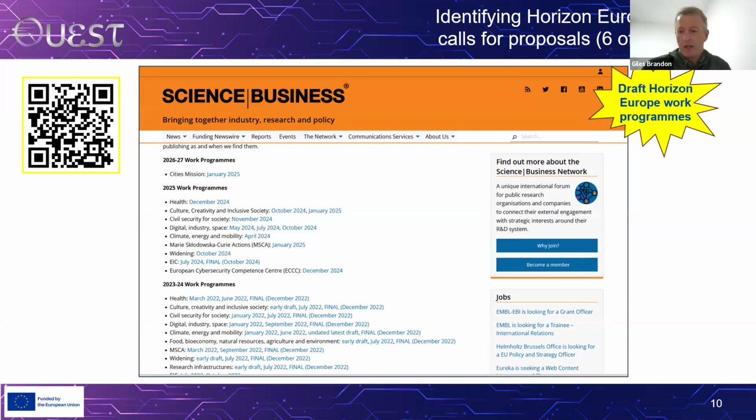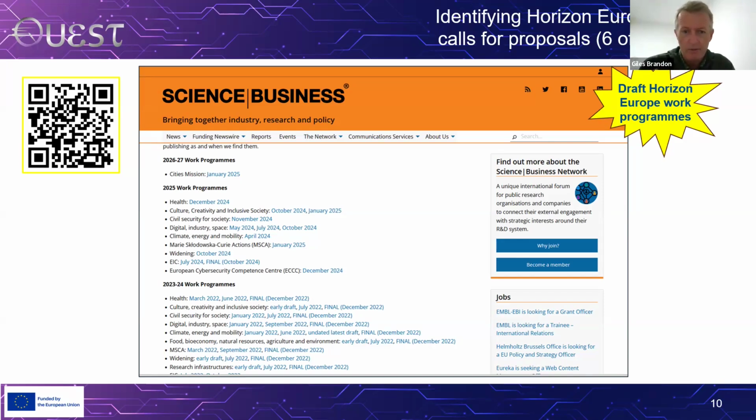Now, some people have very good contacts, I can't say I personally do, and they're able to get these draft work programs seemingly easier. For those of us like myself who don't have such good contacts, where can we go? Well, one place is this website, Science Business. The QR code on the left will take you there.